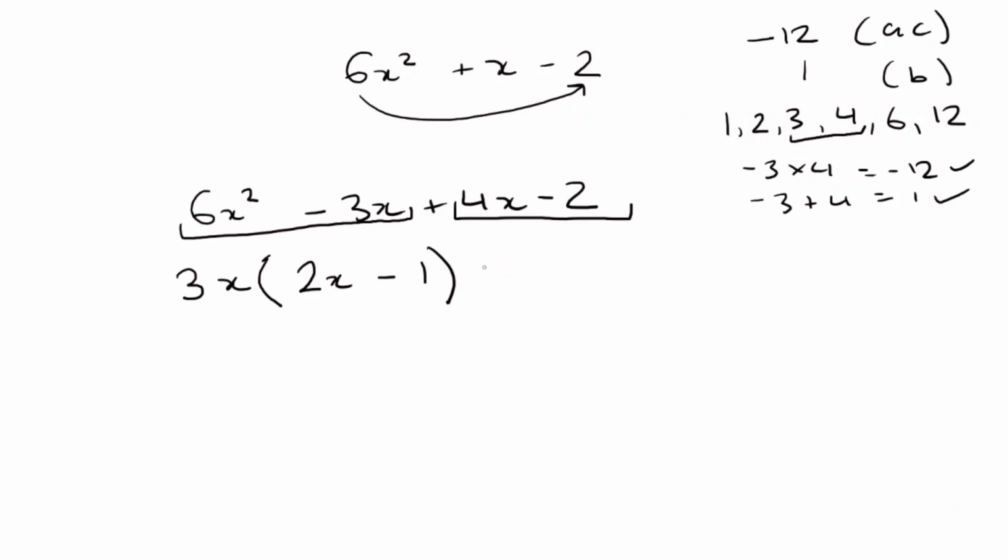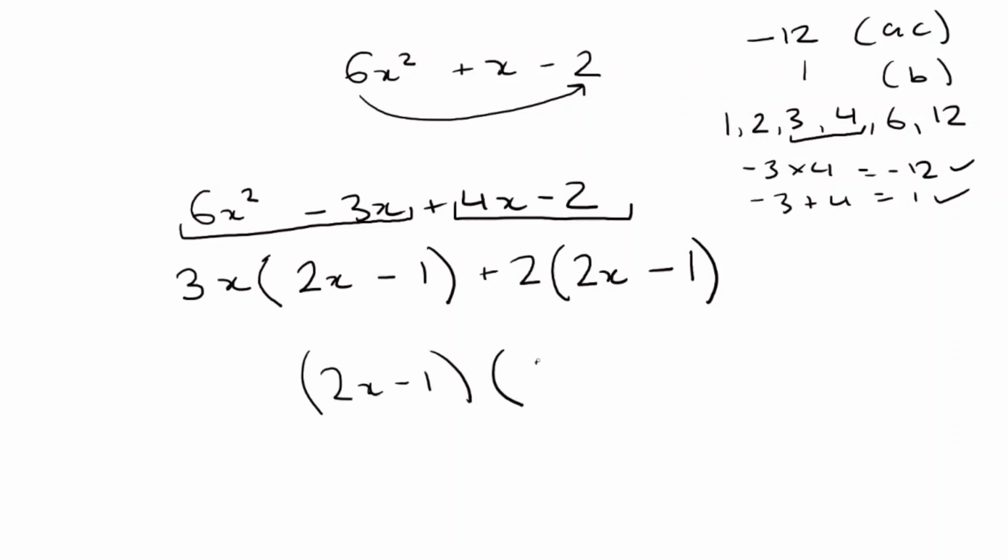And over here, the common factor is 2. So 2 goes into 2x to give 4x, take 1, right? So we know that 2x take 1 is common to both sides. So we've got 2x take 1 into 3x plus 2. So that's really how we factorize that equation.